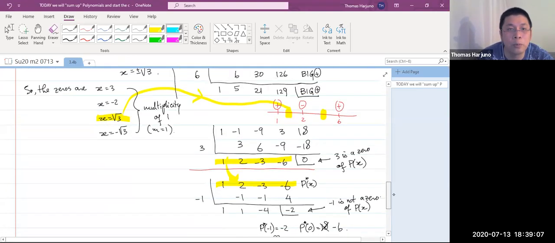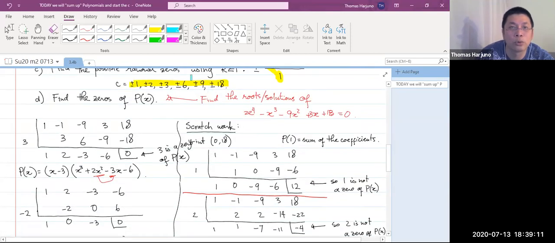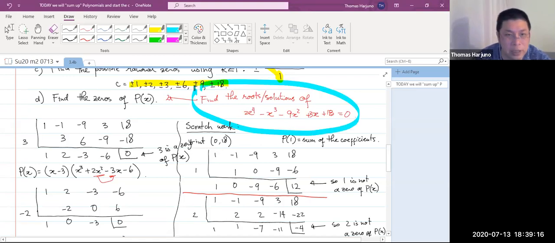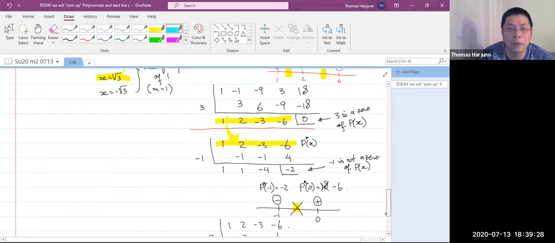Actually, with this then we also find the roots of that equation. The same method basically. To find the roots of that equation is the same as finding the zeros of Px. So you set one side equal to 0 and call that a polynomial. Now usually I have a follow-up question.